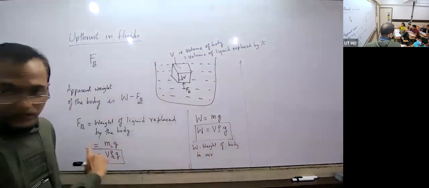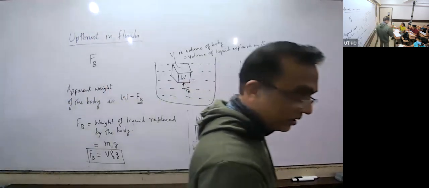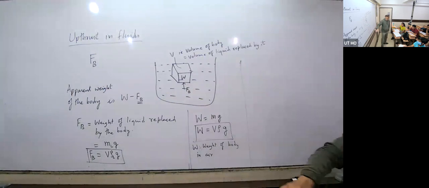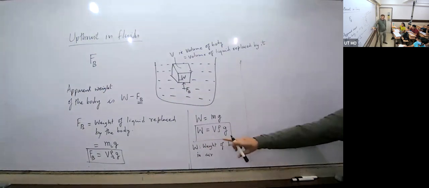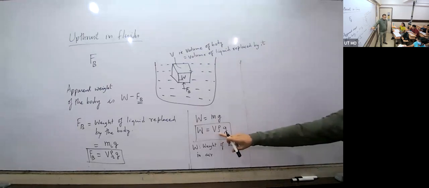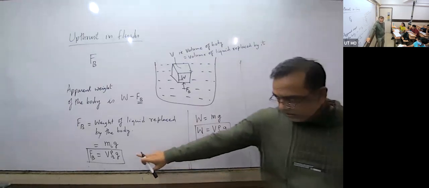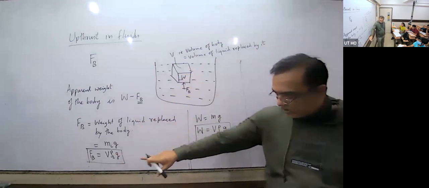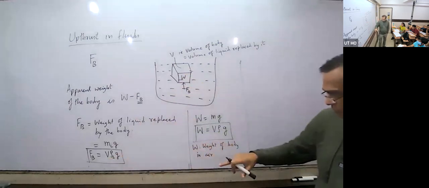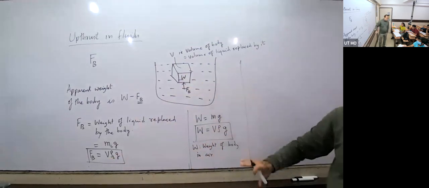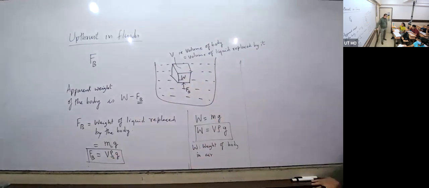If you understand these two things, there is nothing else to be understood in this chapter. How the weight is expressed in terms of volume and density of the body, and the density of the liquid in which it is submerged. This V is the same volume of liquid which is replaced by the body. Both the volumes will be the same. So this is what we did in the last class.